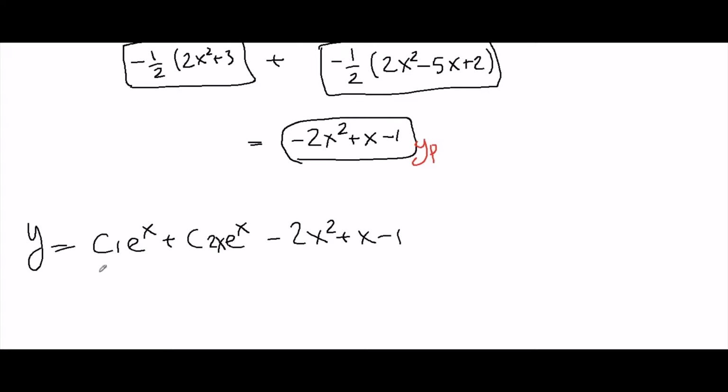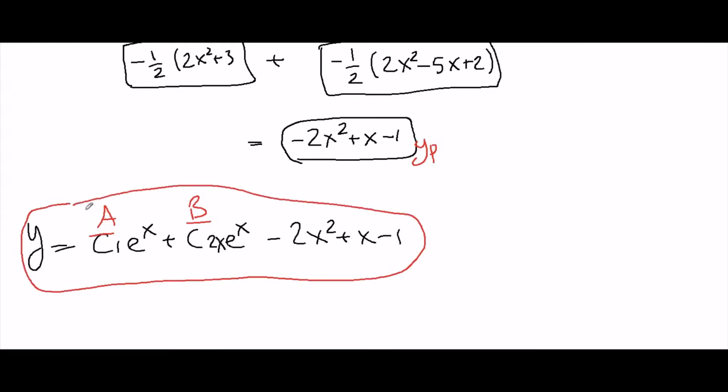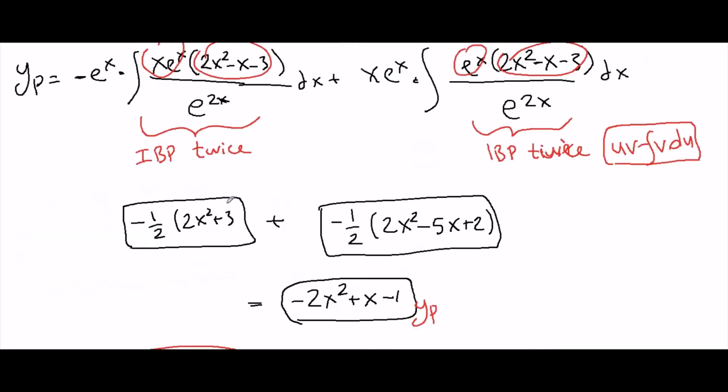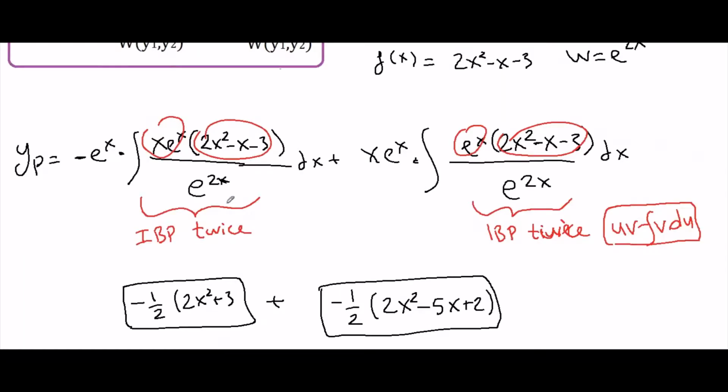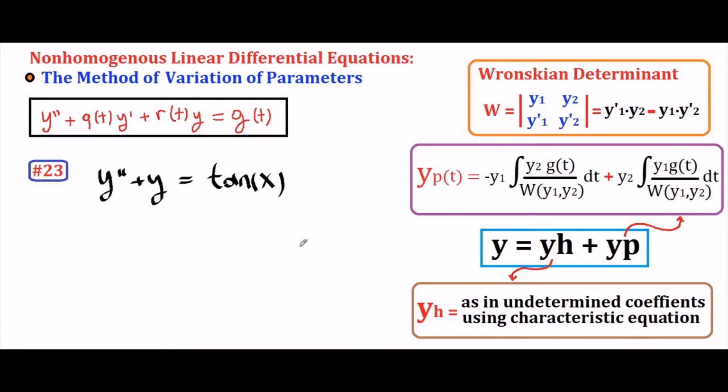And if you prefer constants a and b, you can also use a and b instead of c1, c2, depending on your teacher's format. So this is our general solution. Again, variation of parameters has one drawback, which is computing tedious long integrals, like integration by parts. Let's finish the topic with this example.